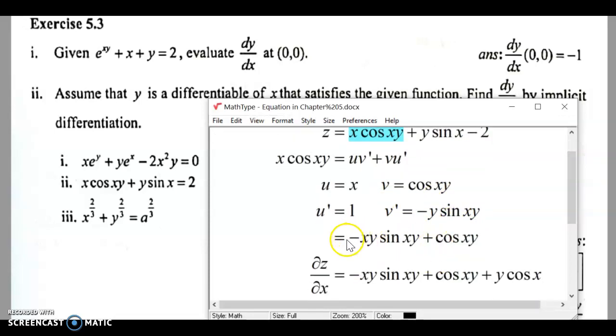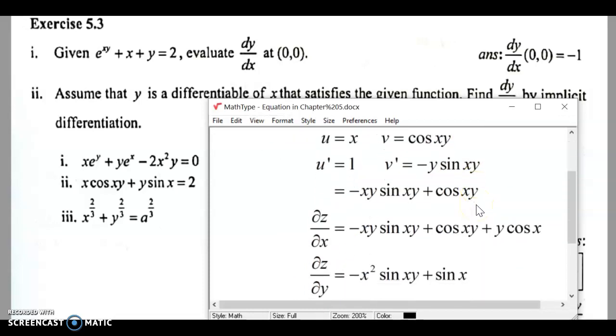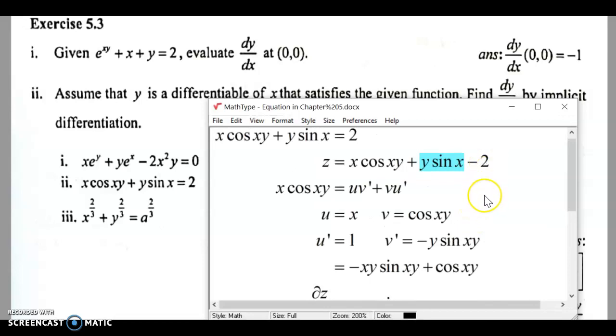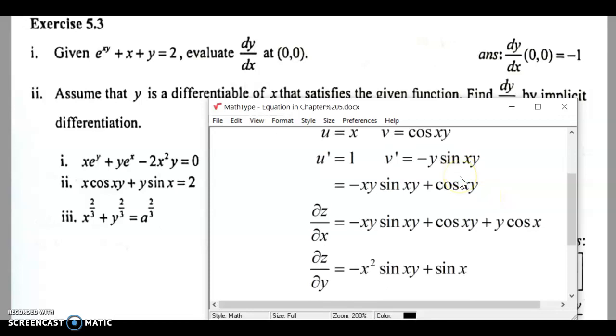So this is the partial derivative for the first one, which is what I put here in the partial z over partial x. Right, y cos x is obtained from this. Okay, and for 2 here, we'll just ignore it. Okay, and then we have partial z over partial y.